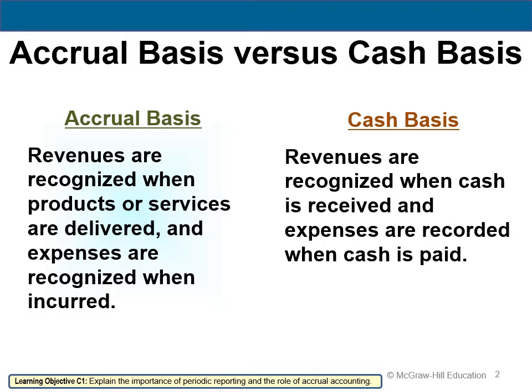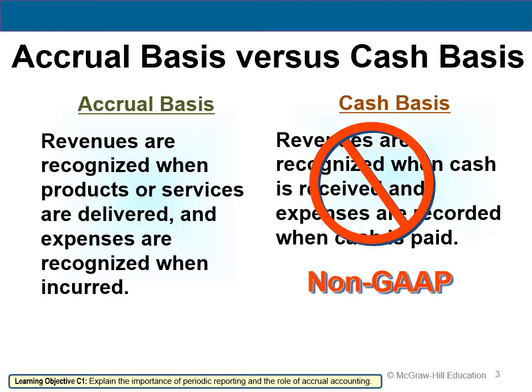The thing to keep in mind is that the cash basis of accounting is not GAAP, generally accepted accounting principles. You cannot use the cash basis for financial statement reporting purposes. So everything that we learn this term is accrual basis accounting.